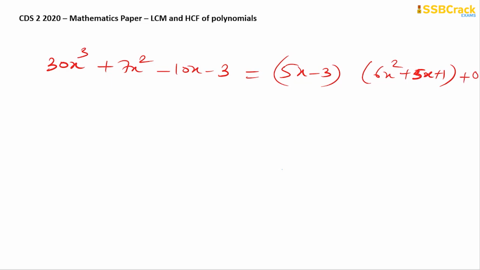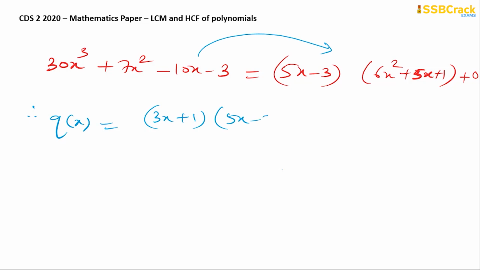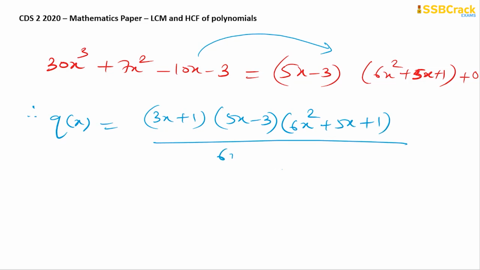So we'll come back to our step, that q(x) was this 3x + 1 multiplied by the dividend. The dividend we got to be these factors: (5x − 3)(6x² + 5x + 1), and this was divided by 6x² + 5x + 1. So we saw that the remainder was 0. So the common factor is getting cancelled, and now you get your q(x) by multiplying these two linear polynomials.